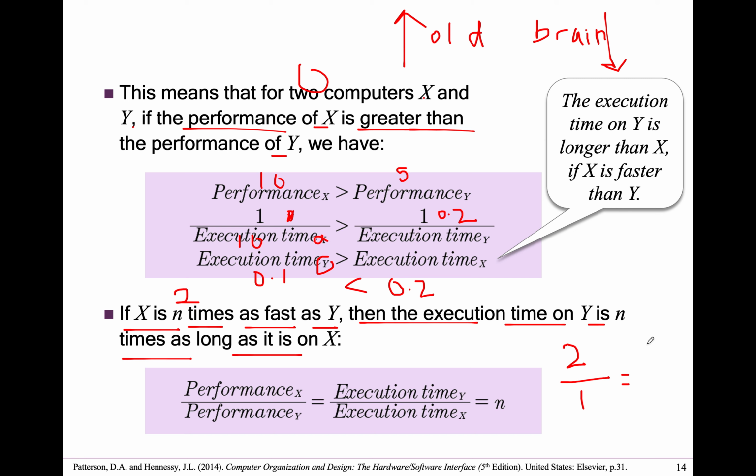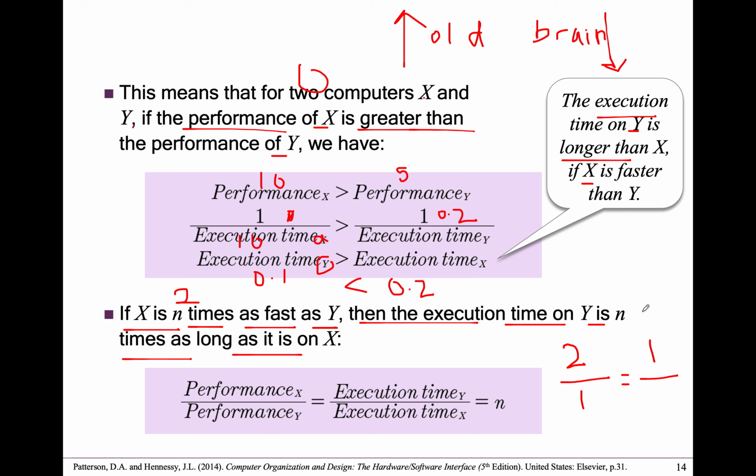Okay, let's say for this one, X, it's going to be 1 second, and because this is 2 times faster, execution time for Y is longer than X. If X is faster, then you're going to see you have 1 over here.